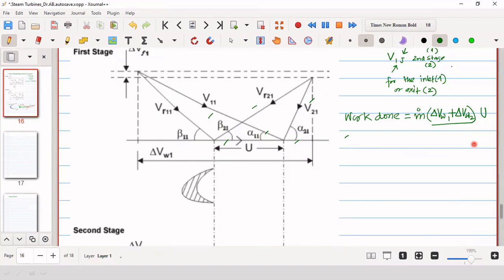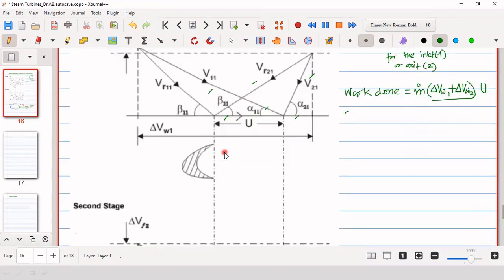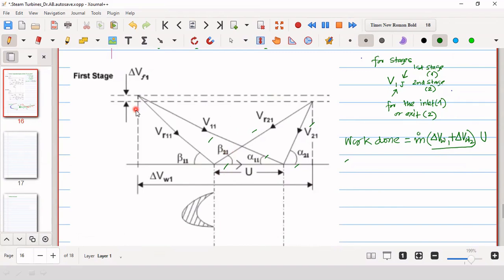Okay. Now, another thing that you can calculate is the end thrust due to the axial movement of the steam. End thrust can be calculated as the difference in the axial component of velocity.